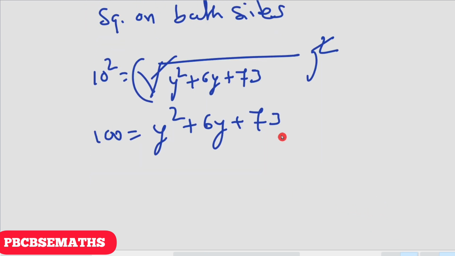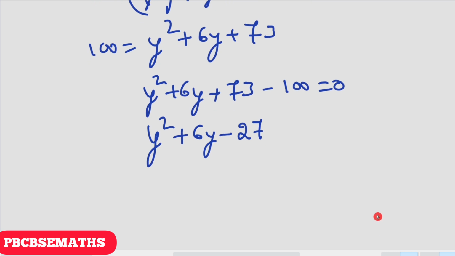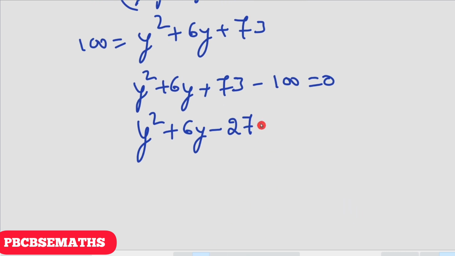Further, let's shift this 100 to other side of the equal. Then we can write y square plus 6y plus 73 minus 100 is equals to 0. Then we have y square plus 6y plus 73 minus 100, which gives us minus 27. Now we have a quadratic equation.